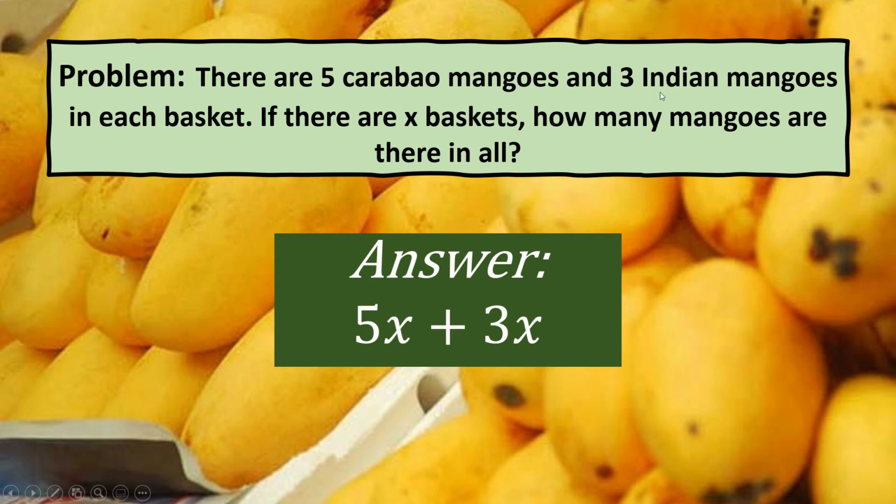Same with the Indian mangoes. There are 3 Indian mangoes in each of the baskets, and we don't know the number of baskets, so we just multiply 3 by the x. So 3 times x. So 5x for the total number of Carabao mangoes, 3x for the number of Indian mangoes in each of the baskets. So all in all, 5x plus 3x.